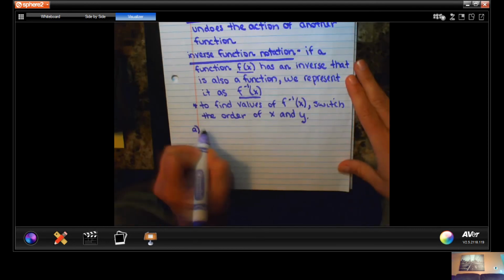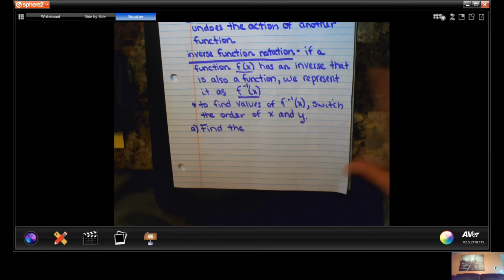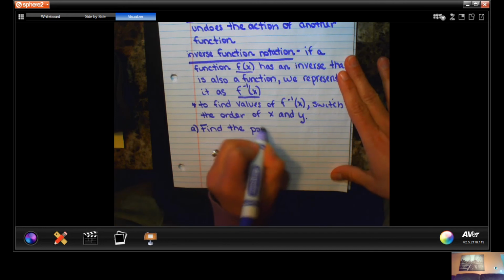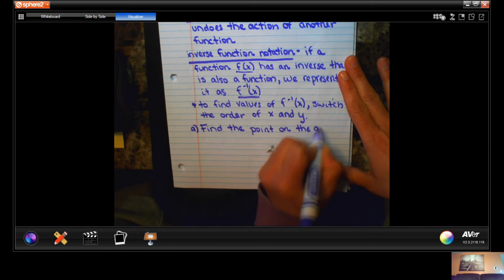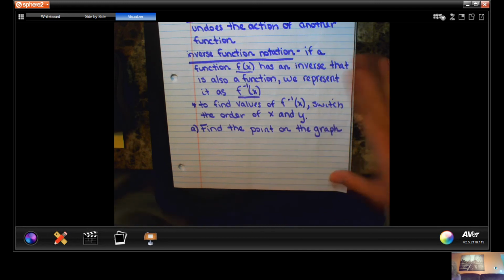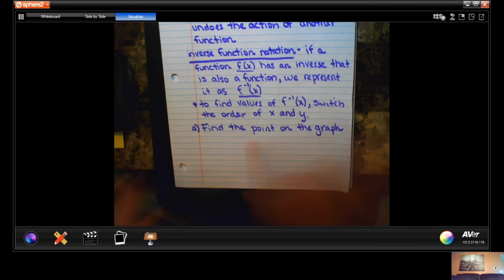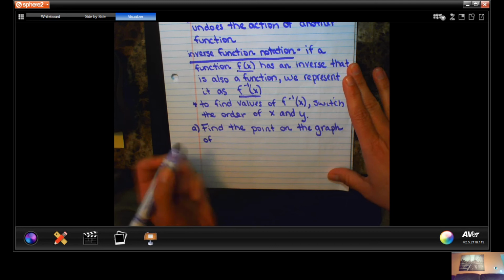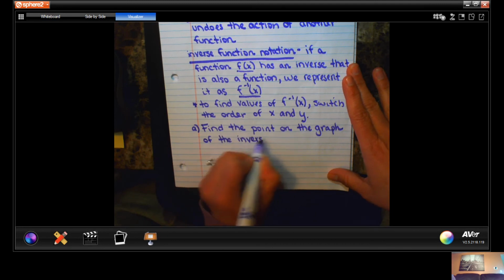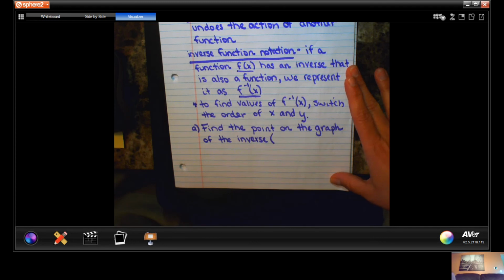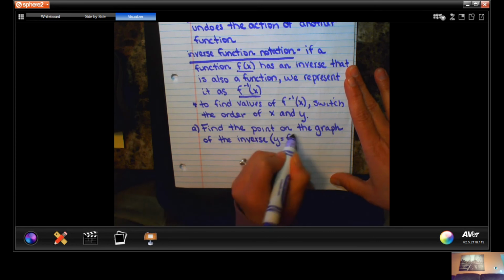And can you write: find the point on the graph. This is our first example. I know it's a lot to write, but when you look back, you'll hopefully be able to see where this came from. So find the point on the graph of the inverse, and I'm going to put in parentheses y equals the inverse of f of x.